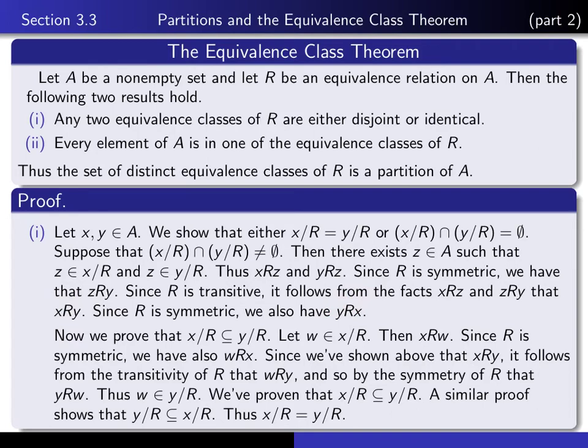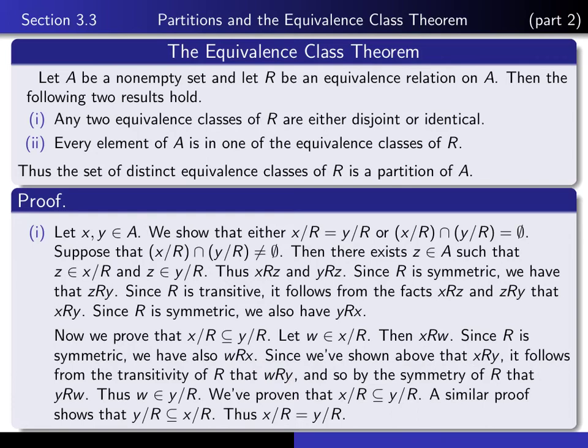So now we're going to prove this inclusion here. So we start by taking a W in here. Let W be in the equivalence class of X. That means X is related to W. Since R is symmetric, that means W is related to X. But we showed a few lines above that X is related to Y. So we've got W related to X related to Y, and therefore W must be related to Y by transitivity.